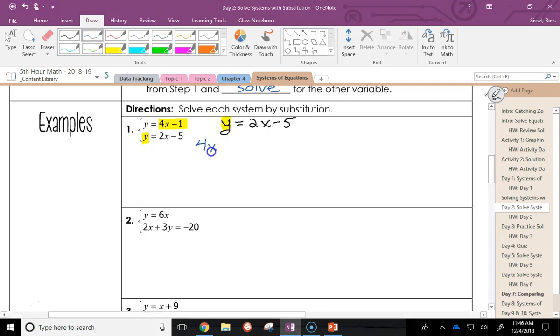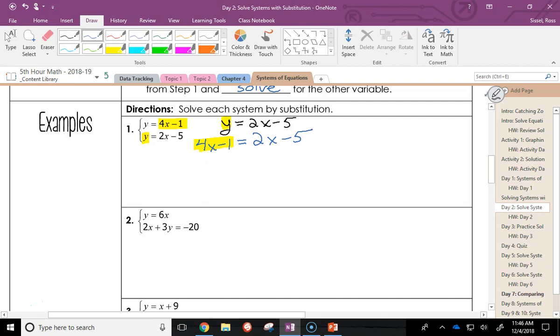So I'll say 4x minus 1, that was replacing y. And that needs to equal 2x minus 5. Because I've done that, I now have an equation with only one variable.